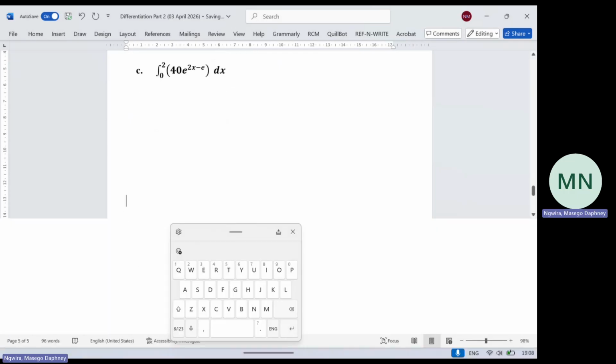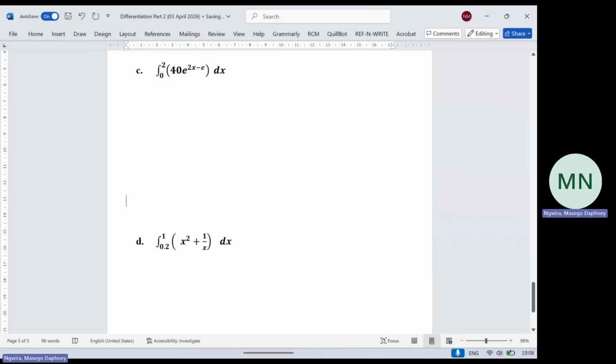This is a co-function also. So we're going to first integrate. That's not a co-function, sorry. We're going to integrate first. So I'm going to integrate the 40. Find the integral of this before I use it. And then you will notice that we have a co-function here.